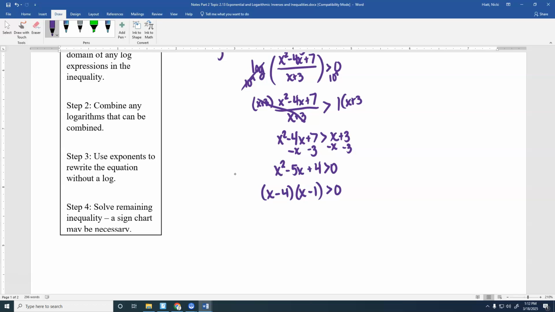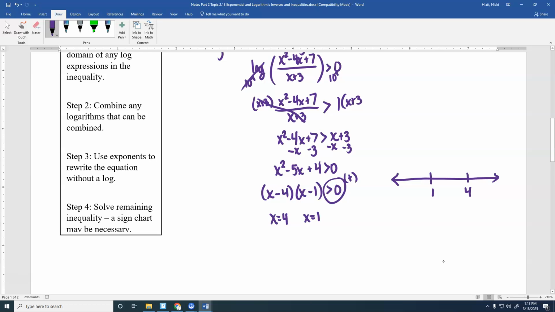But when we did these polynomial inequalities, I can't just say x equals 4 and x equals 1 for this because this is an inequality, right? So these are the ones that we made those charts for. We need to see where this is greater than 0, so we're looking for the positives here. So we're going to put 1 and 4 right here.